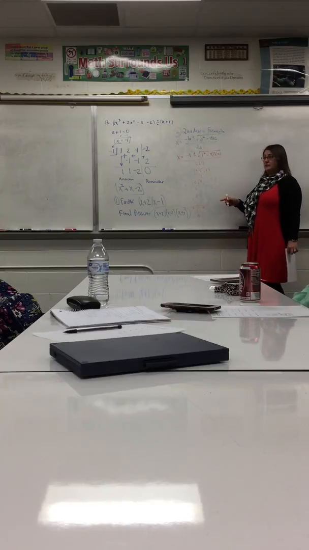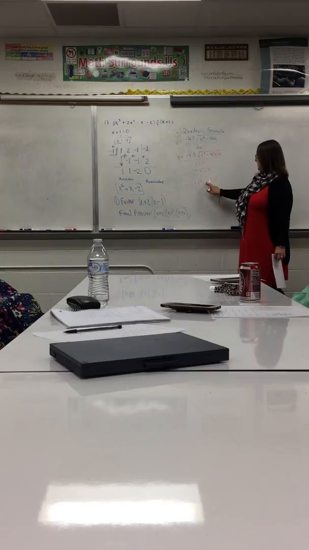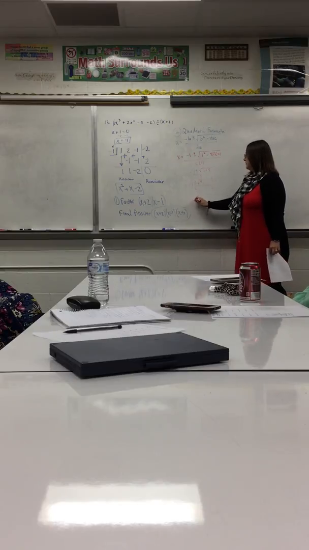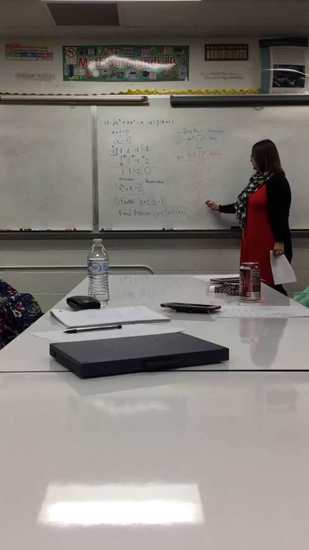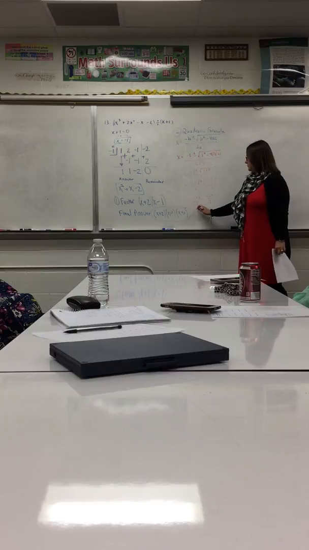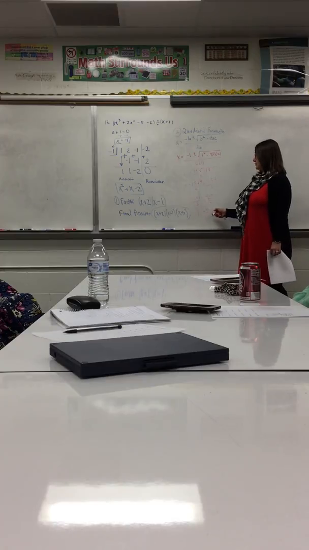Keep simplifying so that you get to that final part. And that'll be negative 1 plus 3 divided by 2, and negative 1 minus 3 divided by 2. And that will give us 2 over 2 is 1. This one will give us negative 2.